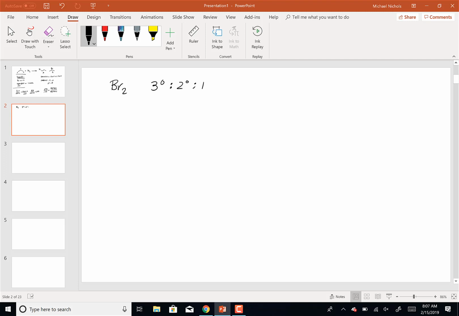The rate of forming tertiary to secondary to primary radicals is 1700 to 80 to 1. And this is bromination at room temperature. For chlorination at room temperature, the rate of forming a tertiary radical to secondary to primary radical is 5 to 3.4 to 1.